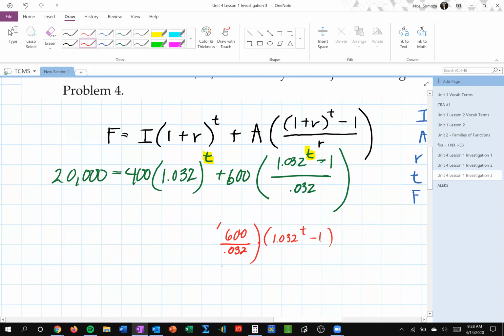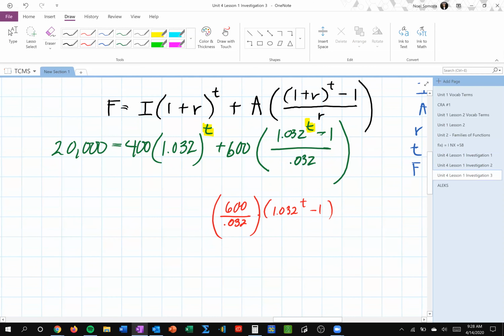I could also think of it this way. It's the same, right? Because if I were to multiply things across, that 0.032 acts as a denominator. So if I were to make it the denominator of the 600 first, it also works for us. Okay, so why do I want to do that? Because then I can actually eliminate some of this information that makes it difficult to get into that t. All right, so let's start with that.